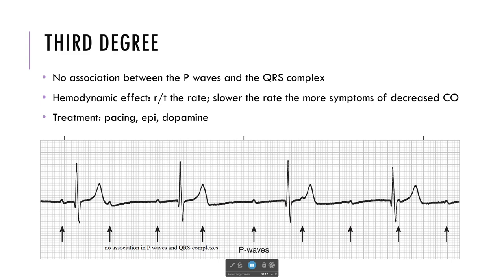It's not great, but it is better than nothing. If we have a post-op heart, they might have epicardial wires, so pacing wires into their heart that we would connect to a temporary pacemaker. Or we could do transvenous pacing, so that would be somebody with a temporary transvenous wire, like a post-heart cath patient that they put a transvenous pacer wire in, and we would hook that up. So we have options for that.